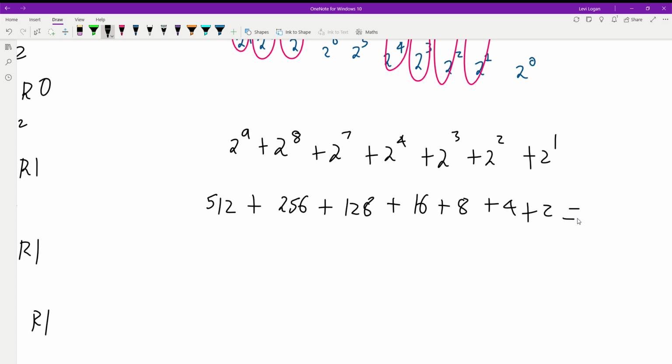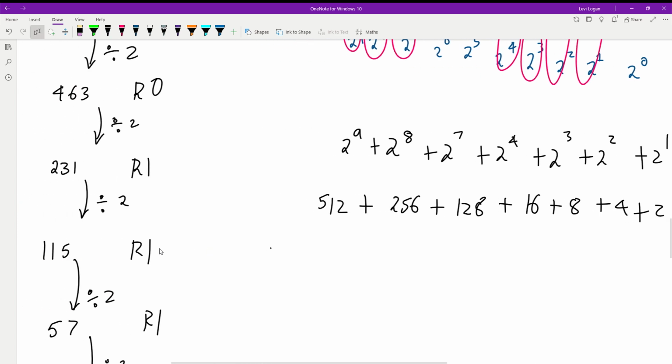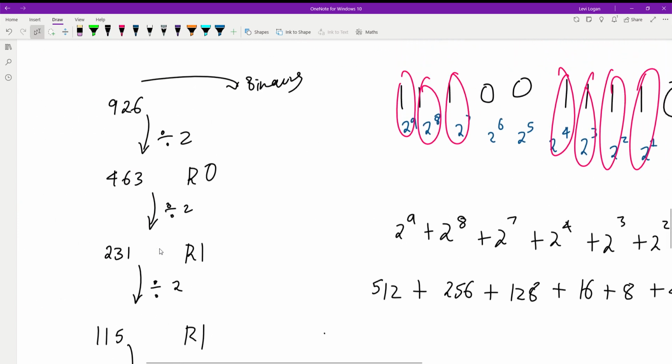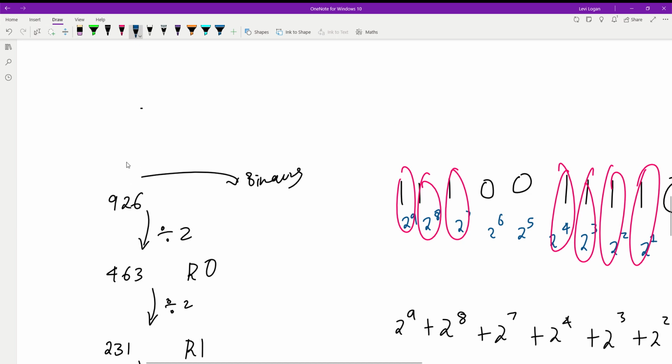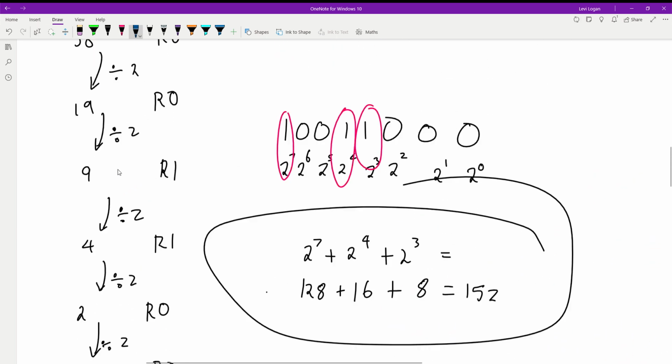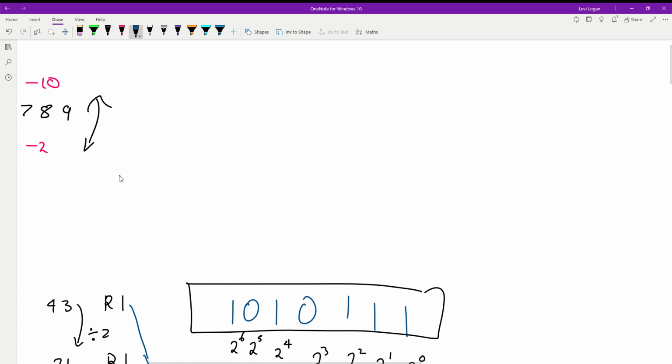So if you add those together, 512 plus 256 plus 128 plus 16 plus 8 plus 4 plus 2 gives you 926, which was our number, I believe it was. Just double check. Yes, it was. Alright, perfect. Right. So that's how you convert from decimal form to binary system.